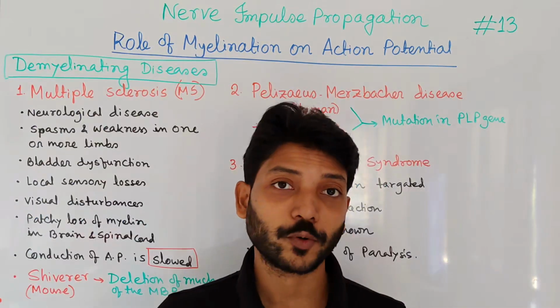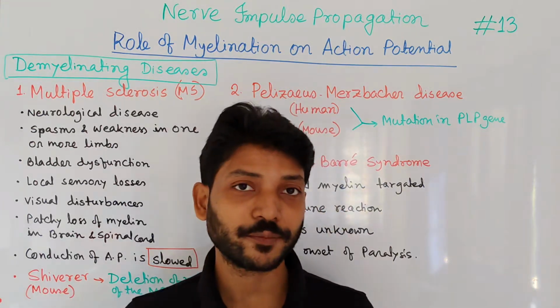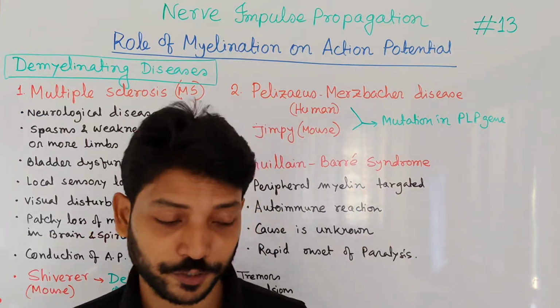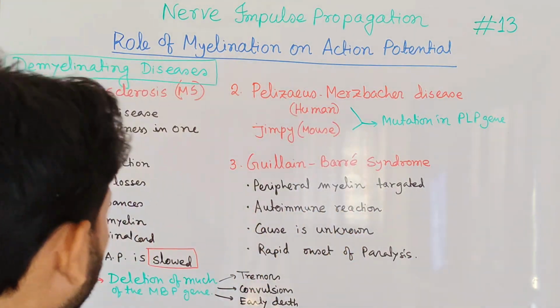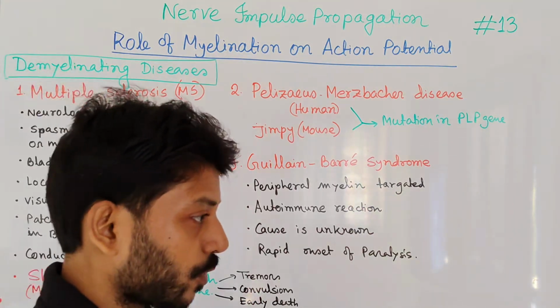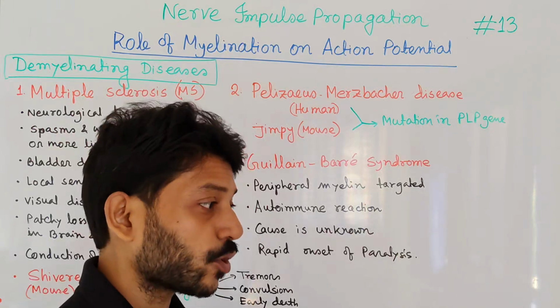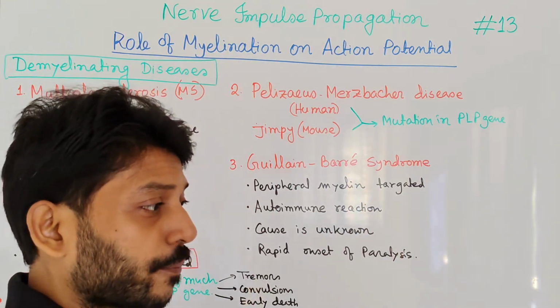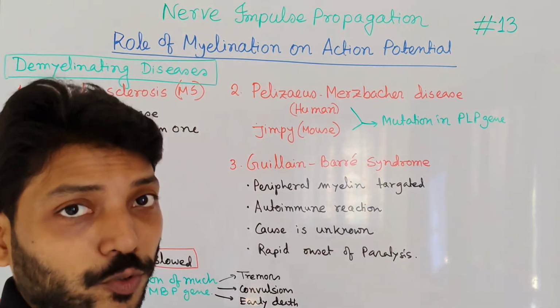Okay, now let me talk about some demyelinating diseases. That means if there is any damage to the myelin sheath, this type of disease can manifest. The one example I have taken is multiple sclerosis, in short MS, and it is a neurological disease. It is very simple to understand: because the myelin sheath is present on the neurons, if there is any damage to the myelin sheath, there will be neurological diseases.